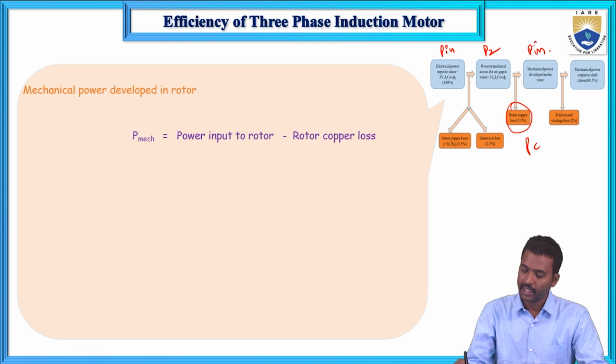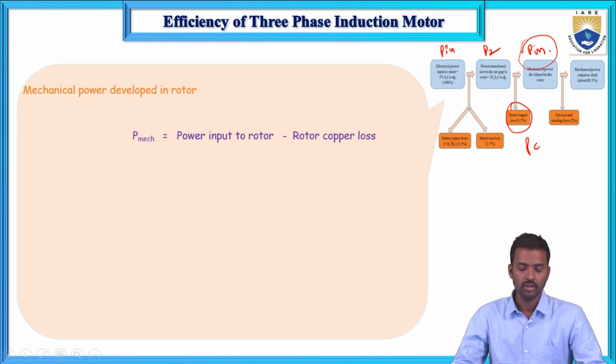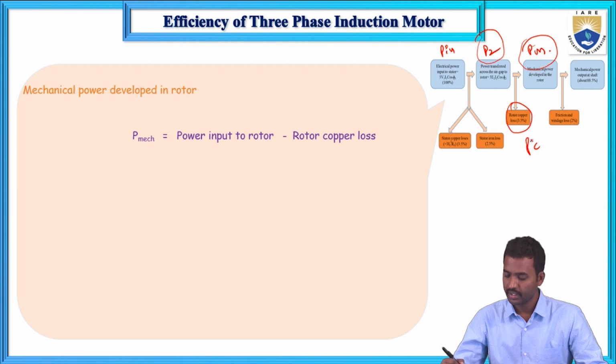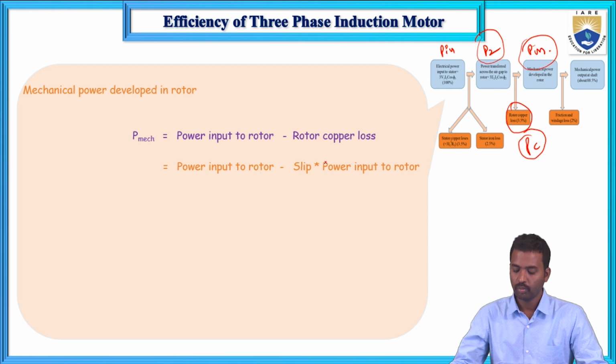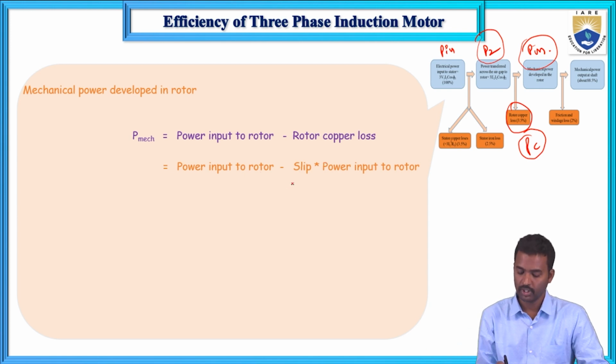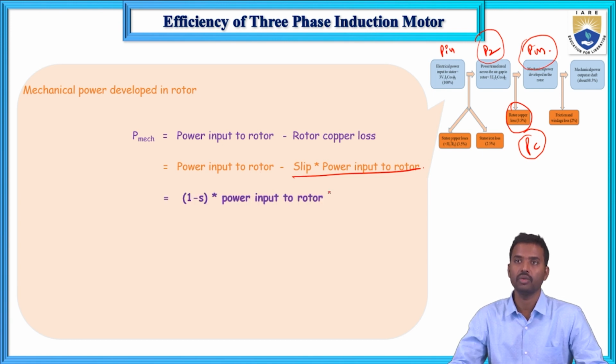So this is the mechanical power developed in the rotor, which equals the power input to the rotor minus the rotor copper losses PC. Next, the rotor copper losses equal slip times the power input to the rotor. This formula is important. And the common value is 1 minus S times the power input to the rotor only.